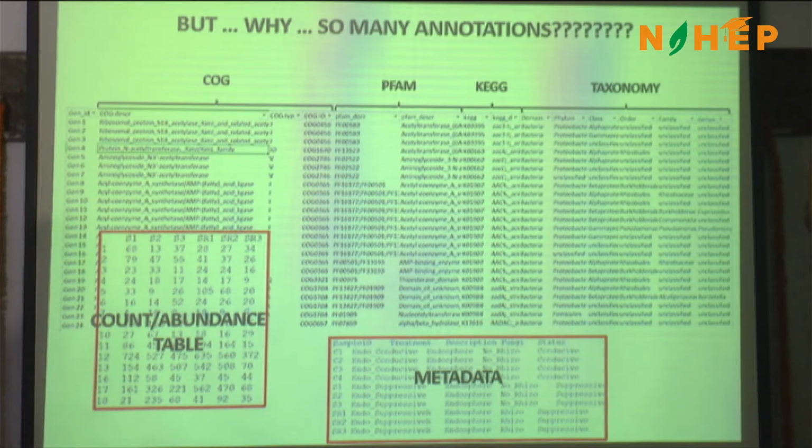So remember this, because on Monday we will come back to this. Imagine the complexity of a metagenome when you get all of this information: KEGG, COG, PFAM, the taxonomy for every gene, the abundance of the genes, then the metadata, and how long can these tables be?